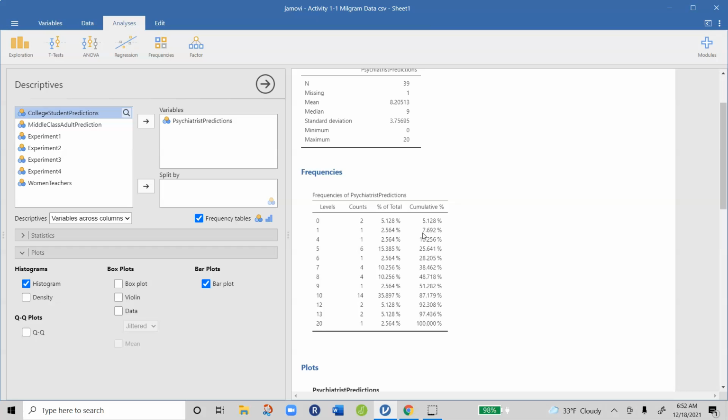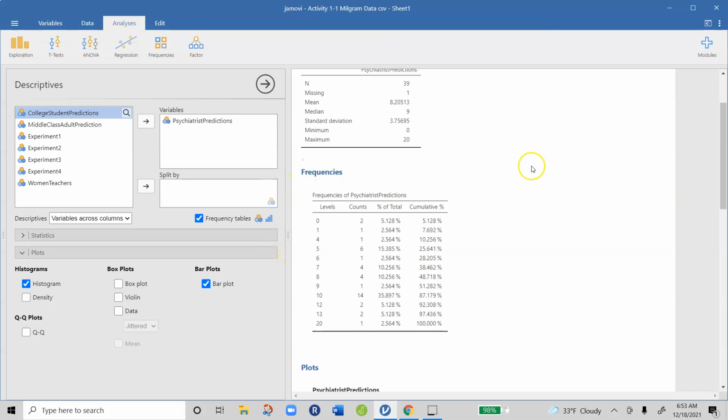So it's a cumulative percentage. You're adding up the number of people at each category and below it, and then converting that value to a percentage. For example, if I look at level 6 here, I can see that 28.205% of the psychiatrists indicated that people would go up to level 6 or lower.